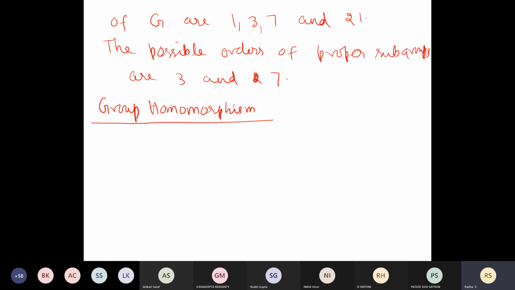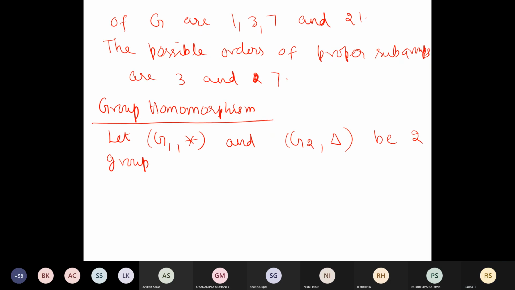Let me give the definition first. Let (G1, star) and (G2, delta) be two groups. G1 is a group with binary operation star, and G2 is a group with binary operation delta.